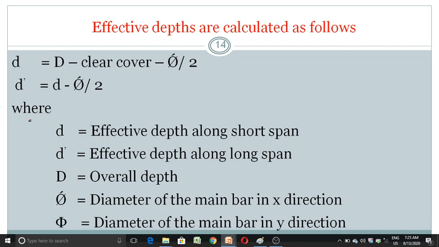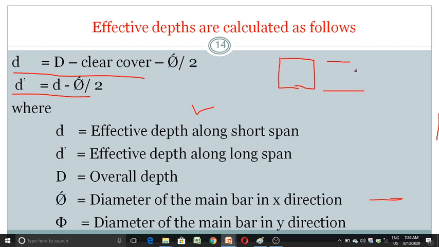Right, how to calculate the effective depth? As I already told you, the effective depth will be different from the X direction to the Y direction. So if you want to calculate the effective depth along the X direction and along the Y direction, say this is a slab cross section, it will show the overall depth, right?